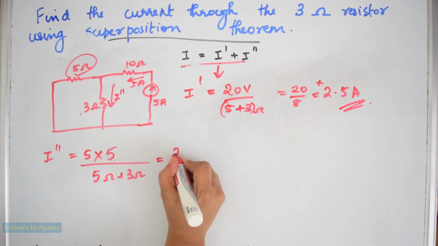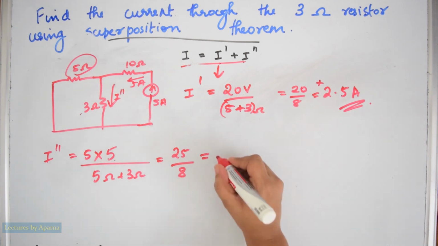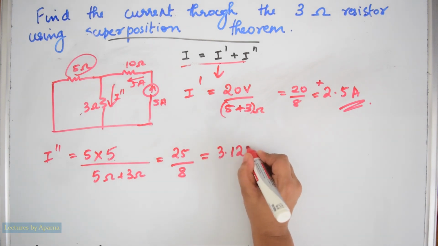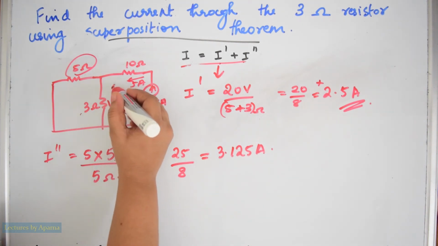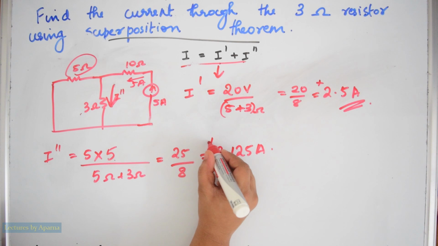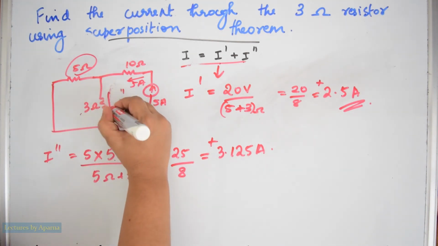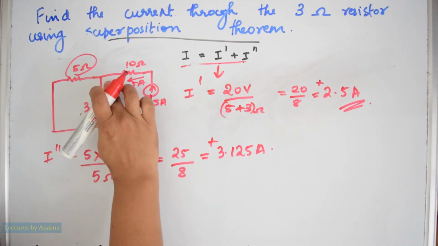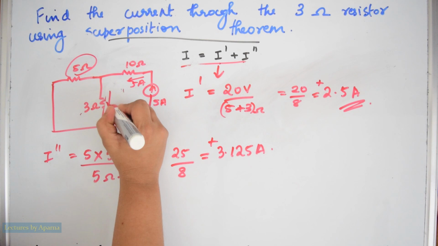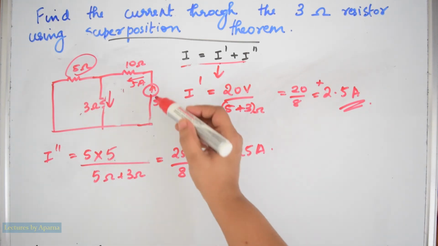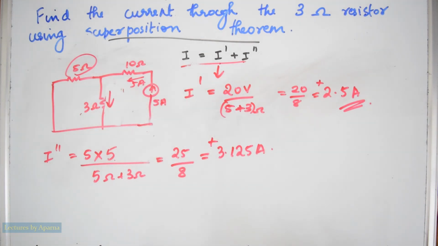We are using the current division rule here. This equals 25 by 8, which is 3.125 ampere. Here also the current direction is on this side, so it is positive. If the current direction was the other way, we would have taken it negative, but here the current direction is as given, since the current source is present here.